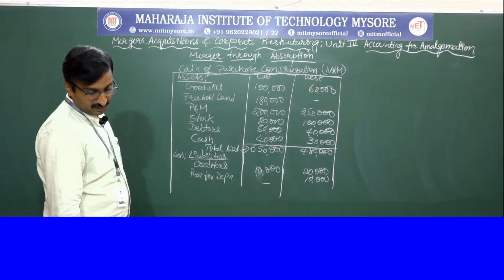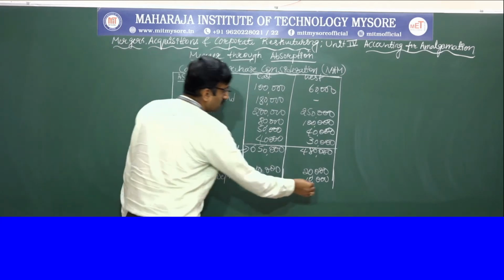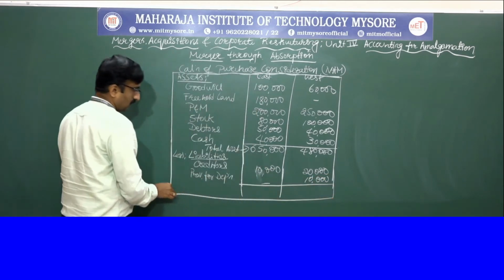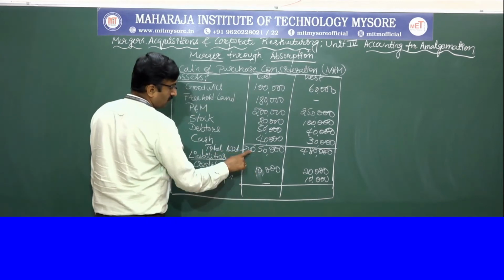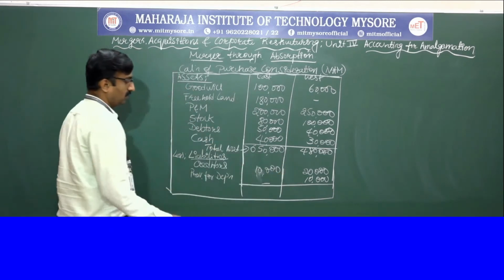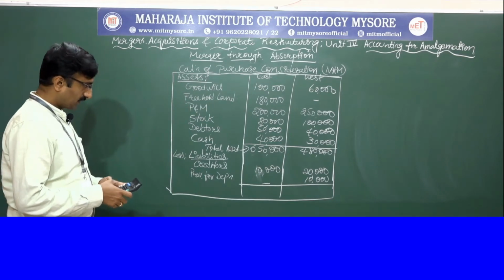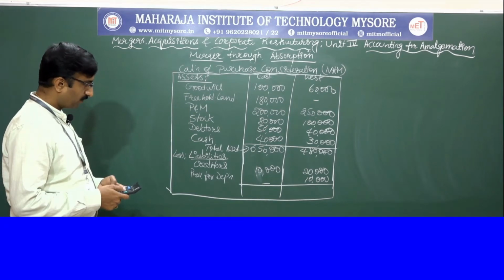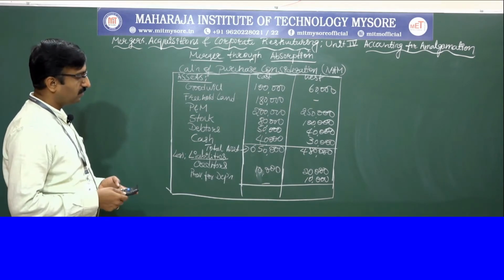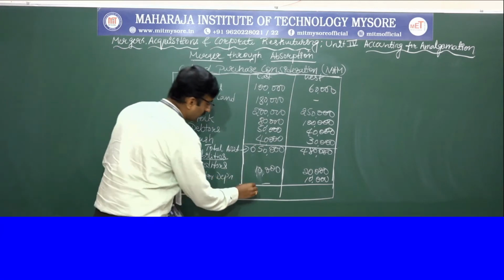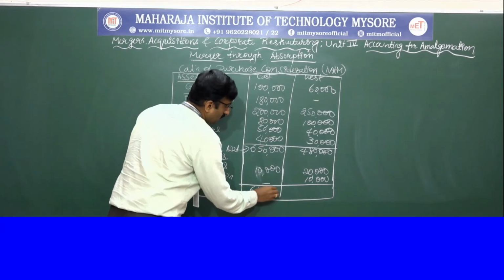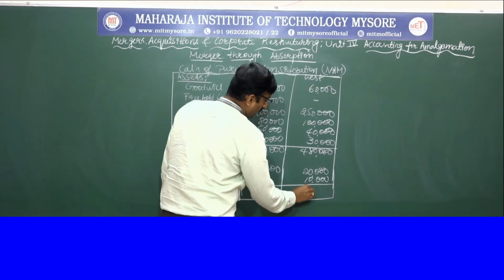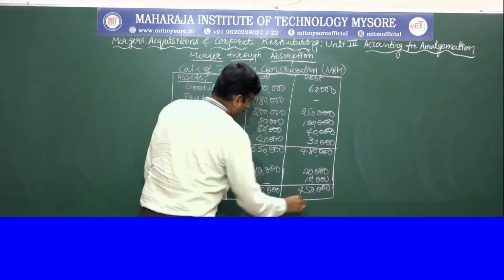So you have to minus from the asset, same thing here also. 6,50,000 minus 10,000 and 4,80,000 minus 30,000. So you will get 6,40,000 and you will get 4,50,000.